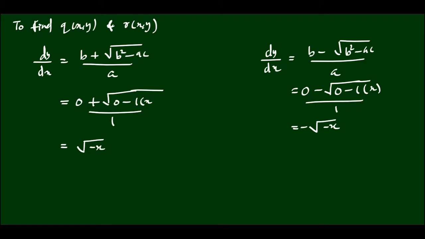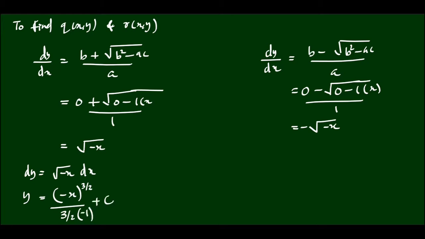First we solve dy/dx = √(−x), which is a variable separable equation. We can rewrite it as dy = √(−x) dx. Integrating both sides, we get y = (−x)^(3/2) / (3/2 · derivative of −x). The derivative of −x is −1, plus a constant c1.